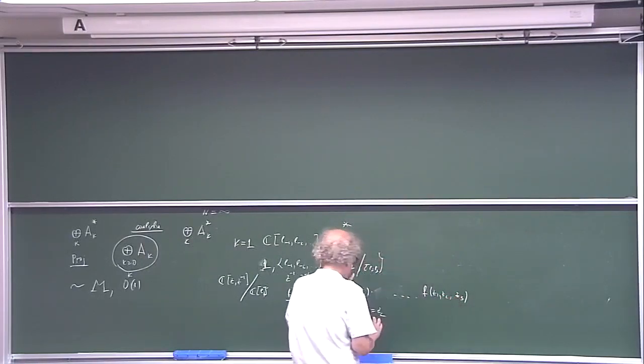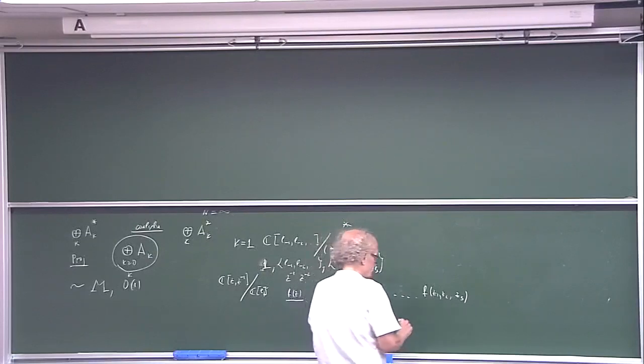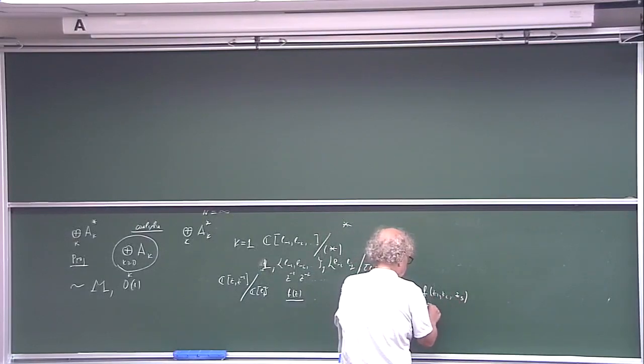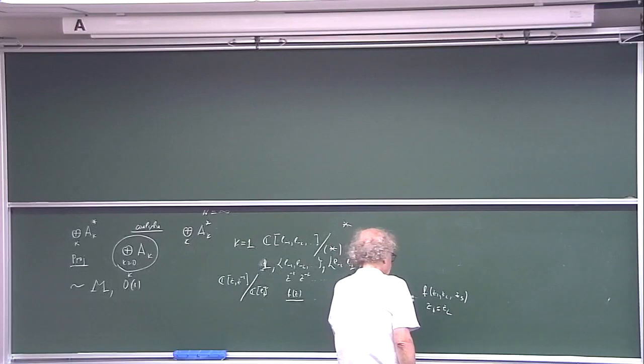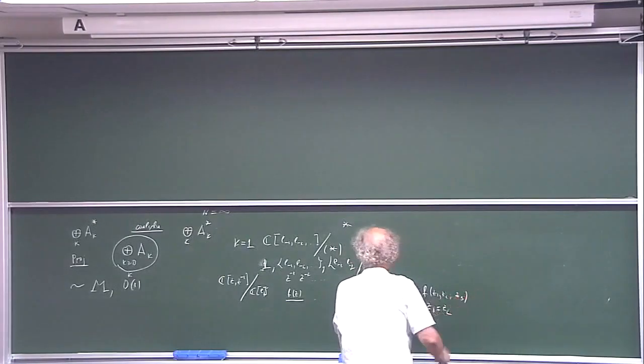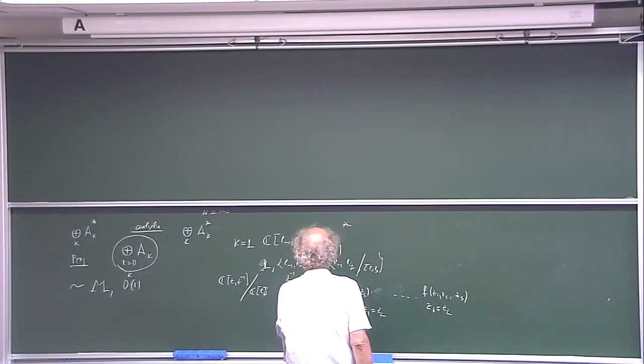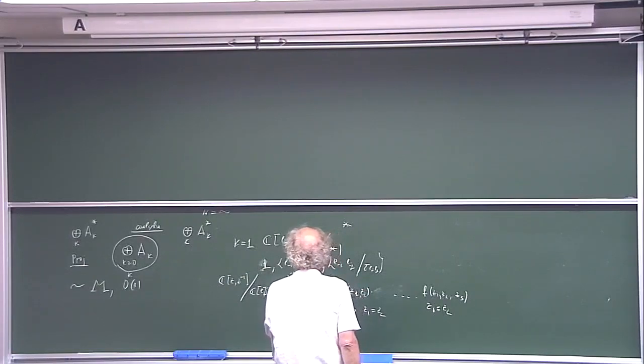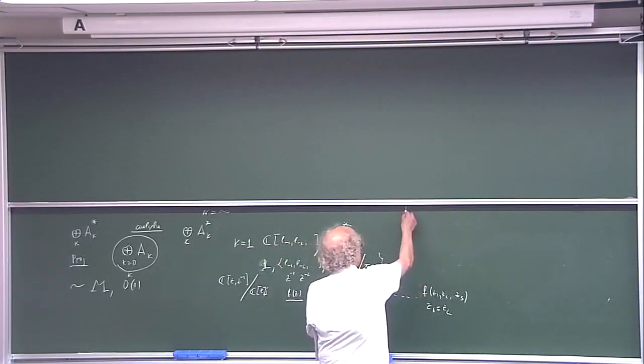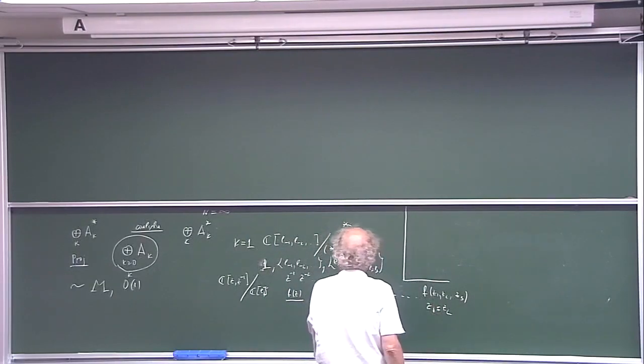They are surely symmetric because everything is symmetric here, but they have to be 0 if z1 equals z2. I think it is easy to see.